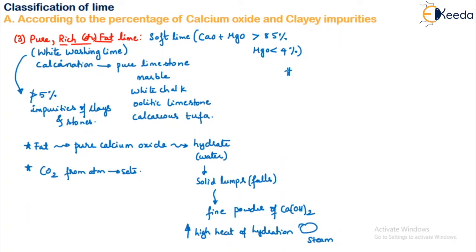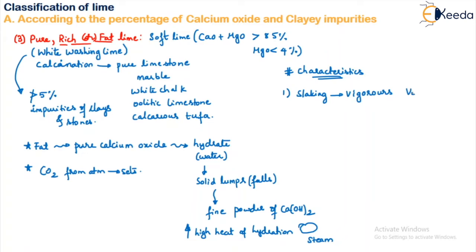There are different characteristics of this type of lime which we have to understand. So let's list them one by one. The first one here is the slaking is very vigorous, very fast.